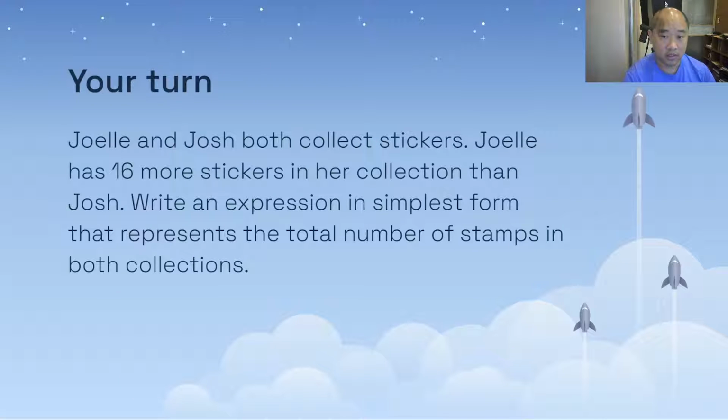Your turn. Let's say that Joel and Josh both collect stickers, and that Joel has 16 more stickers than Josh. Write an expression in simplest form. So, welcome back. Let's say that C is the number of stickers in Josh's collection.